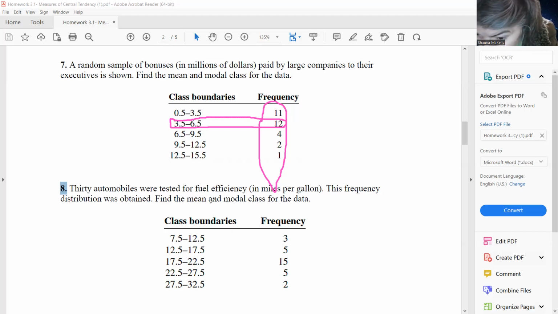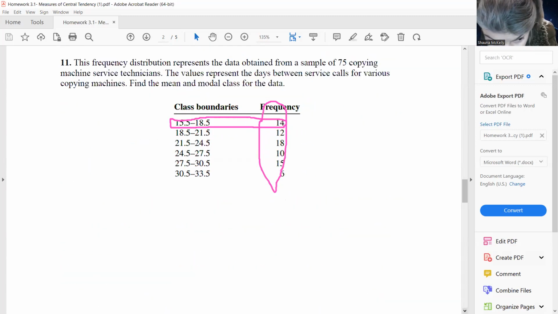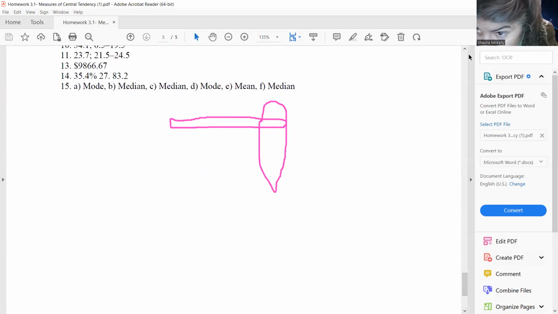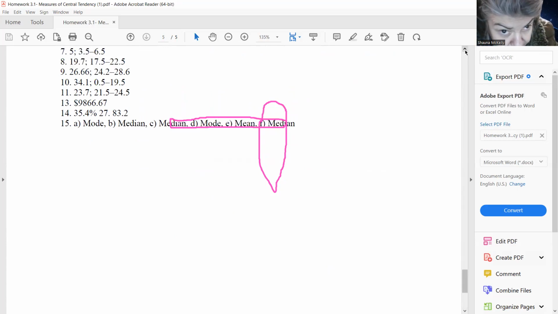Okay, so I'm going to scroll down and show you that. All right. So this is, oops, number 7. You see that it's 5 and your modal class is 3.5 to 6.5.